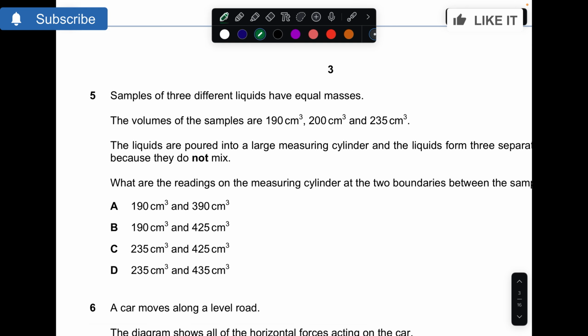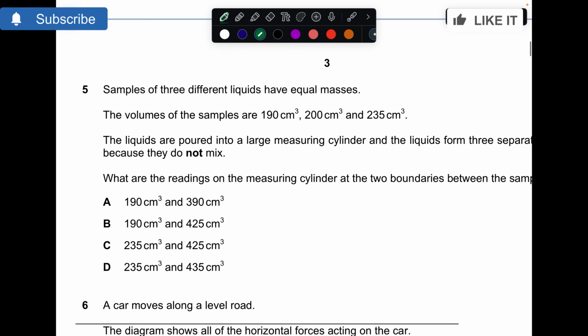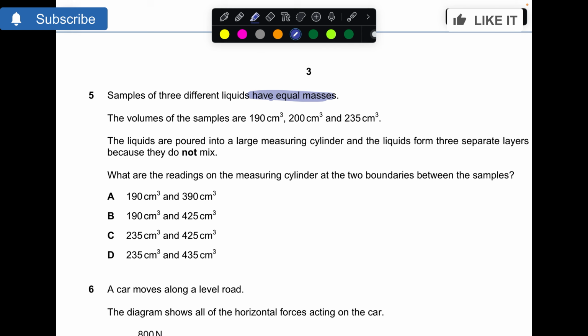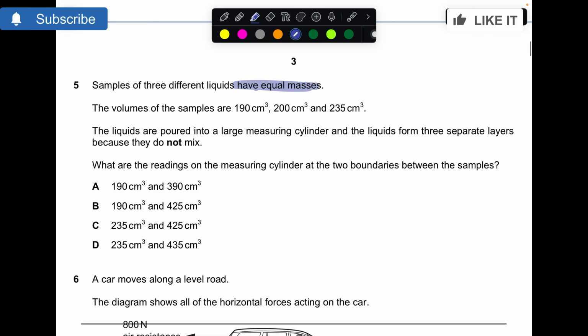In question 5, samples of three different liquids have equal masses. The volumes of the samples are 190, 200, and this. The liquids are poured into a large measuring cylinder, and the liquids form three separate layers because they do not mix. What are the readings on the measuring cylinder? Okay, they are not mixing.